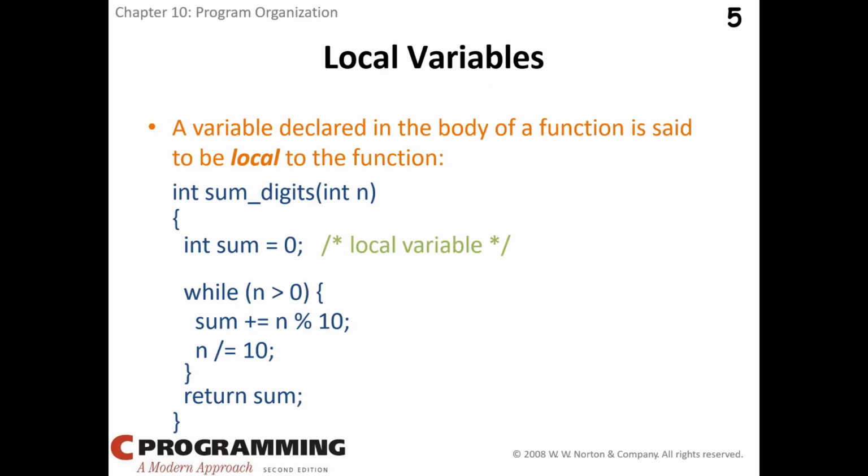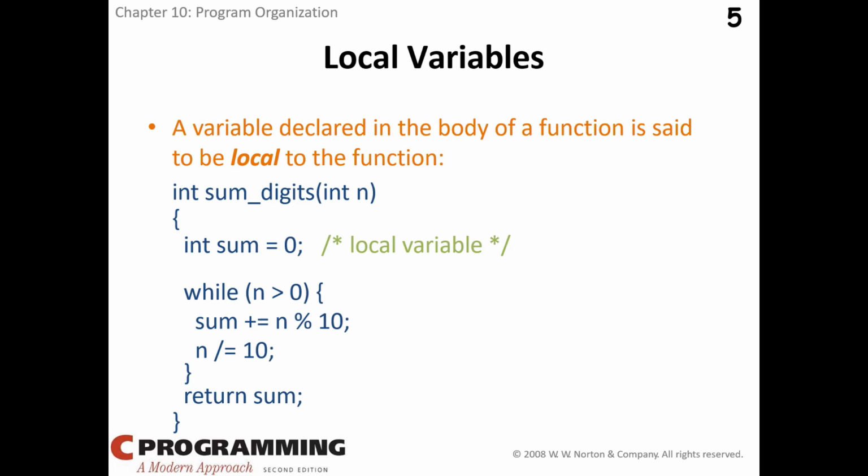In programming, when we talk about local variables, we refer to variables that are declared within the body of a function. This means that they're only accessible within that specific function. For instance, take a look at this function named SUMDigits in the slide. Inside this function, there's a variable called sum, which is declared as an integer and initialized to 0.